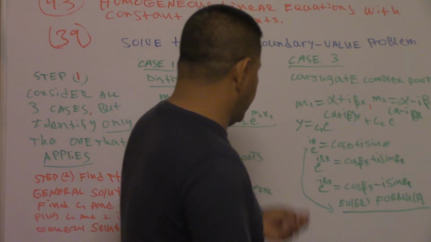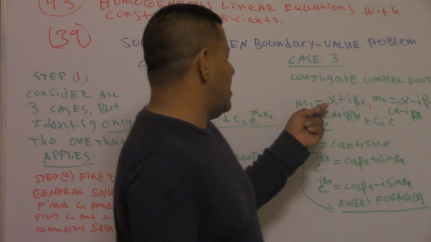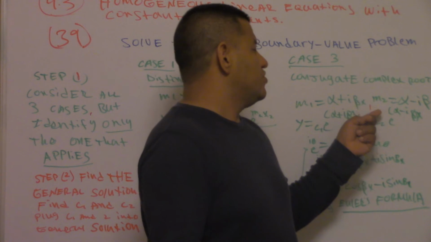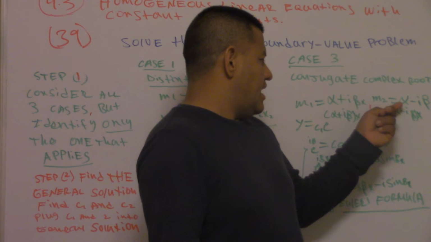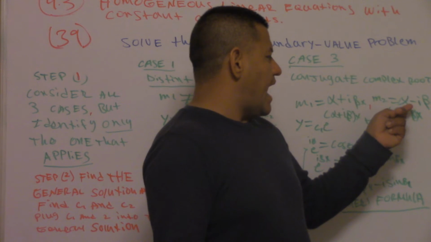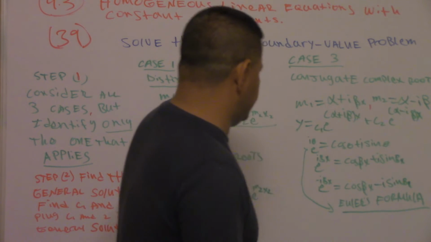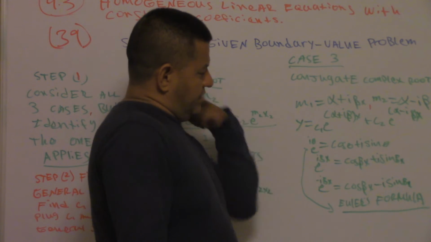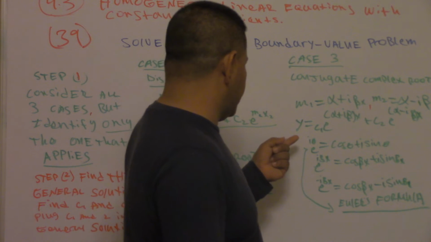Again, m1 is equal to alpha plus i beta x, and m2 is equal to alpha minus i beta x, and the solution of the differential equation is going to be in this form.